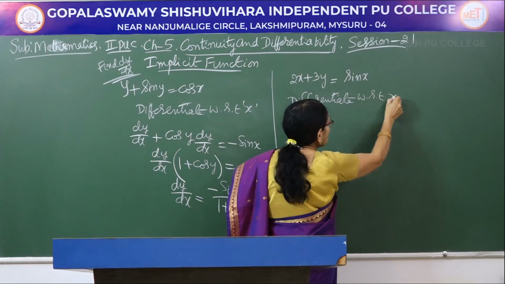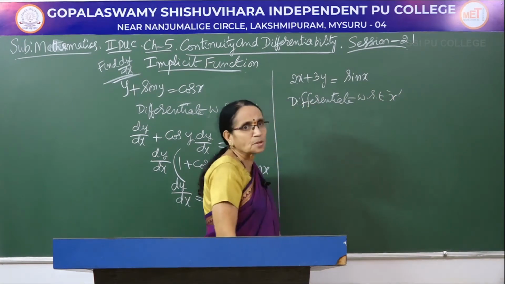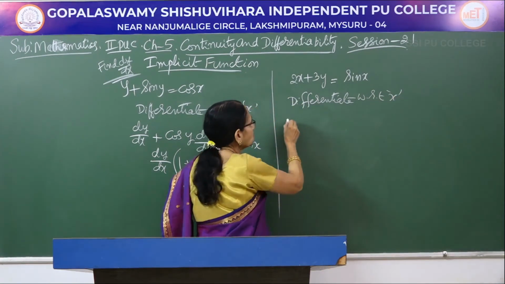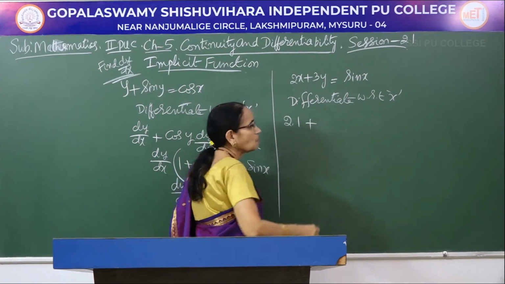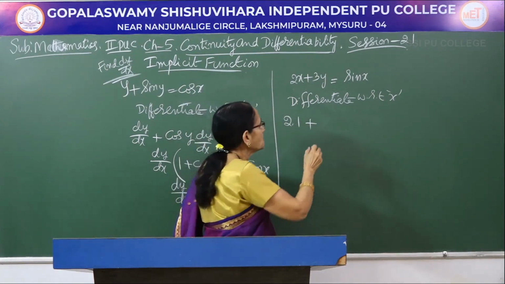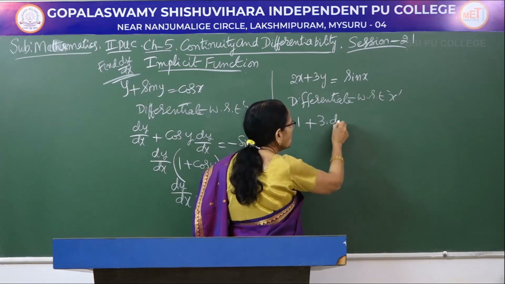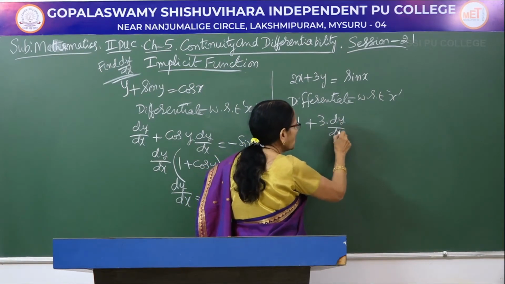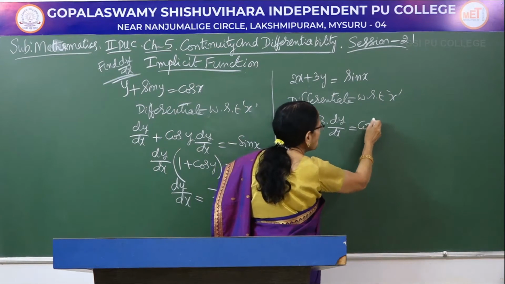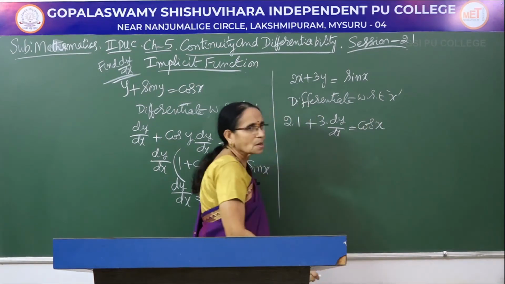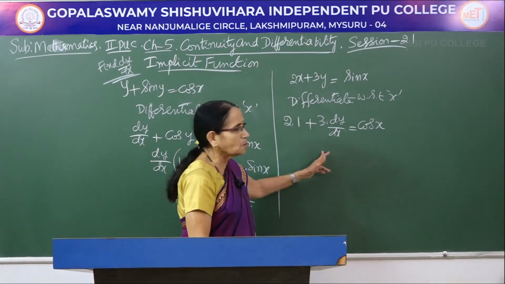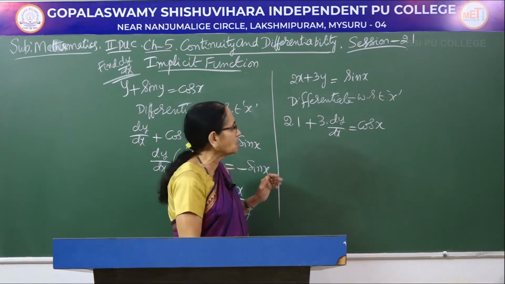with respect to x. So, 2 into the derivative of x is 1, as you know, 3 into y we are having dy by dx, and the right hand side sin x becomes cos x. Now, in this problem there is only one term containing dy by dx.